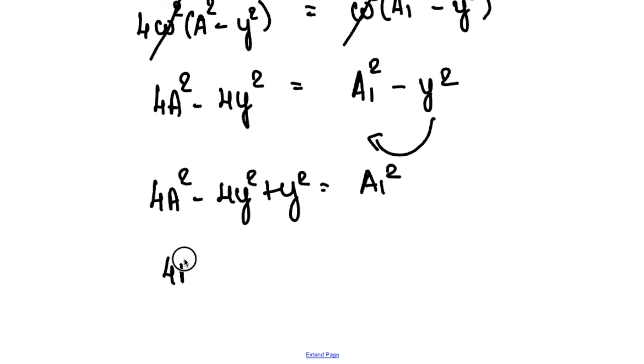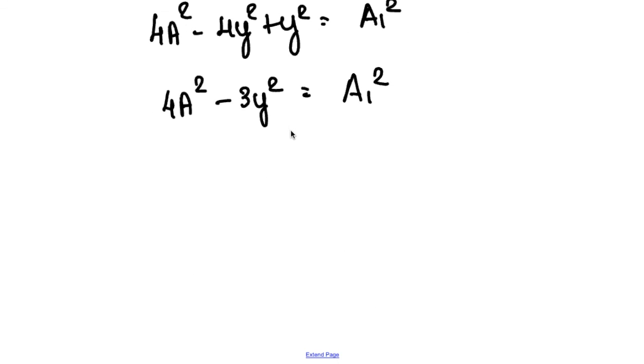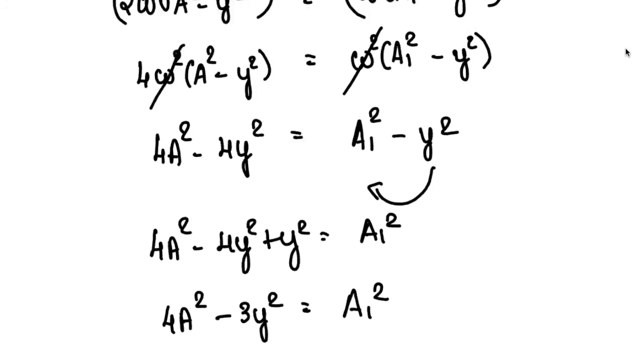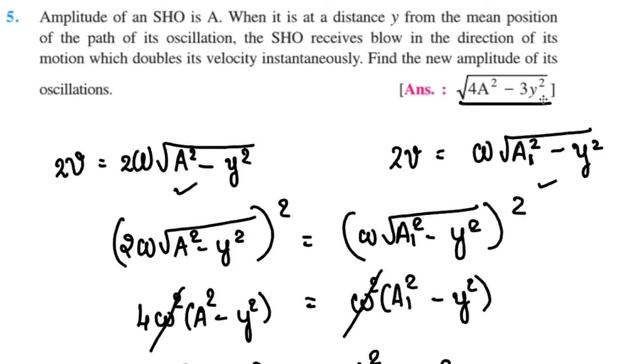Finally I have 4a square minus 3y square equivalent to my new amplitude square, and for my new amplitude I'll have root of 4a square minus 3y square. Now this is my final answer, root of 4a square minus 3y square.